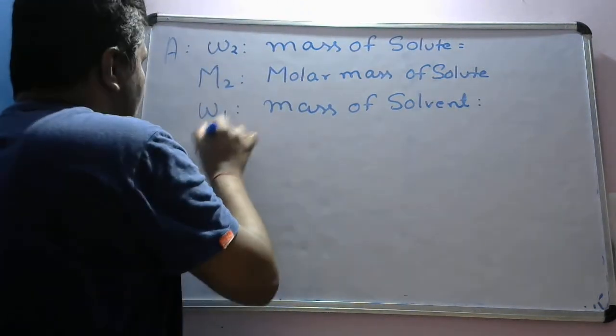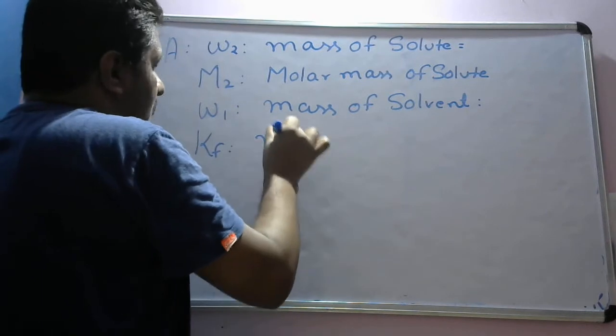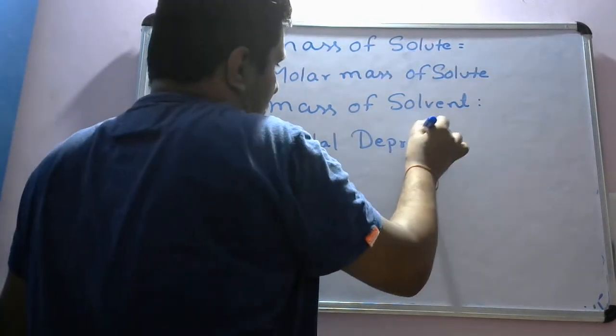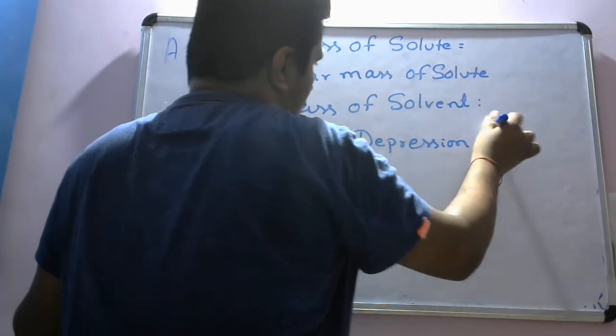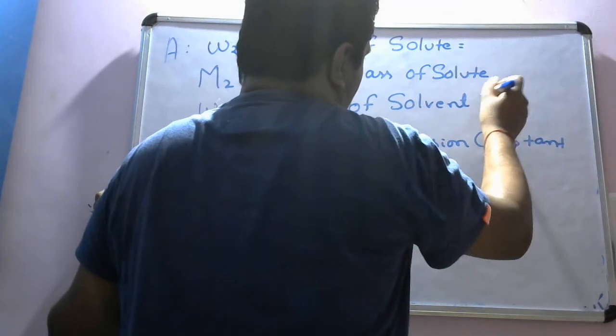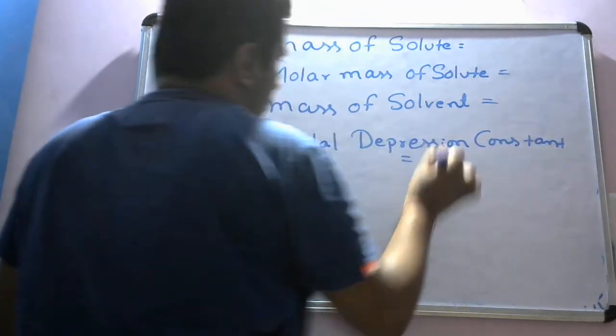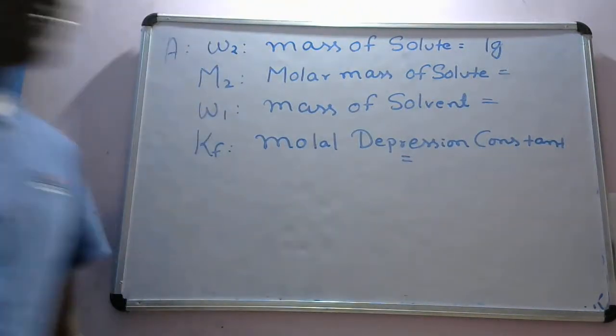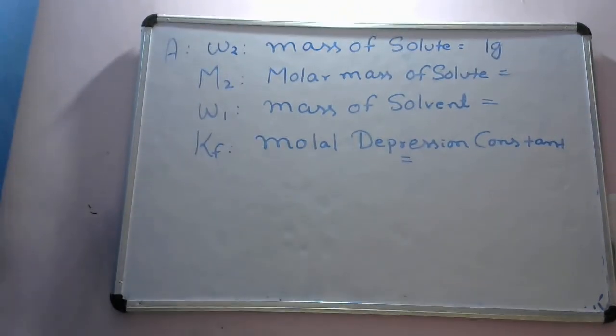And Kf is molar depression constant, or we can say freezing point depression constant. Mass of solute is given, 1 gram. Molar mass of solute is not given, we have to find it out.